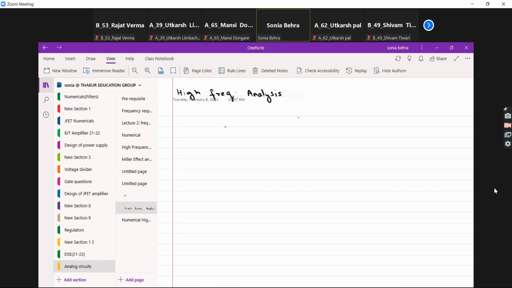So as I told you, I will be taking your FET into picture. We will talk about FET. BJT भी same रहेगा. You just have to change the notations. So this is your FET amplifier, which you have to analyze for your high frequency.